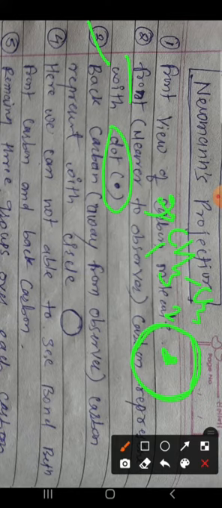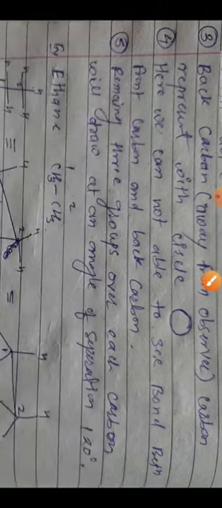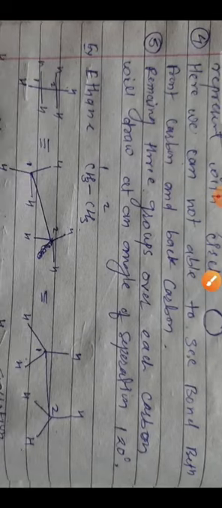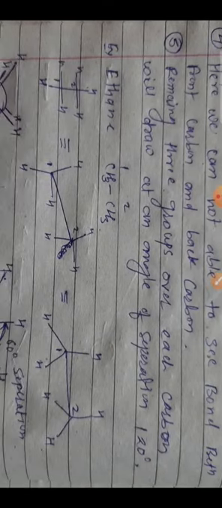But in Newman's projection, we cannot see the rear carbon and also cannot see the bond between the front carbon and rear carbon. And what is the next rule? The next rule: the remaining three groups on each carbon will be drawn at an angle of separation of 120 degrees.